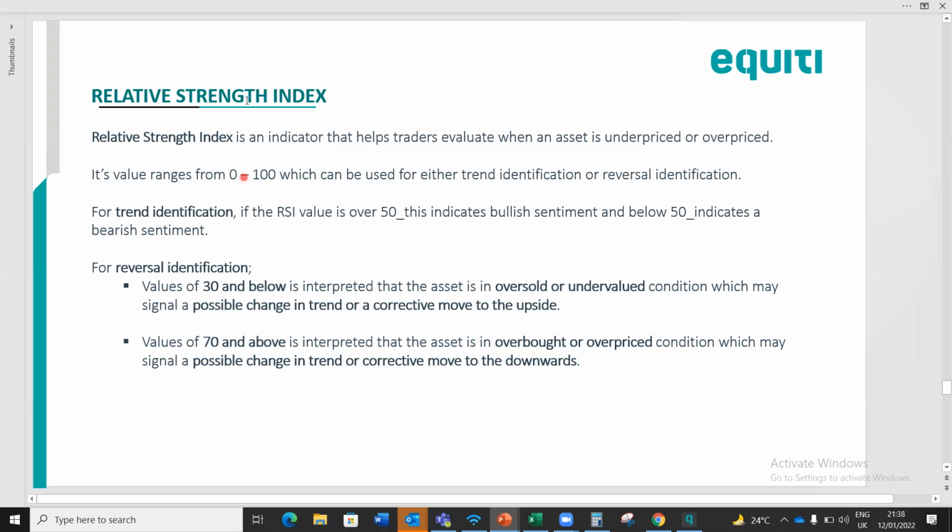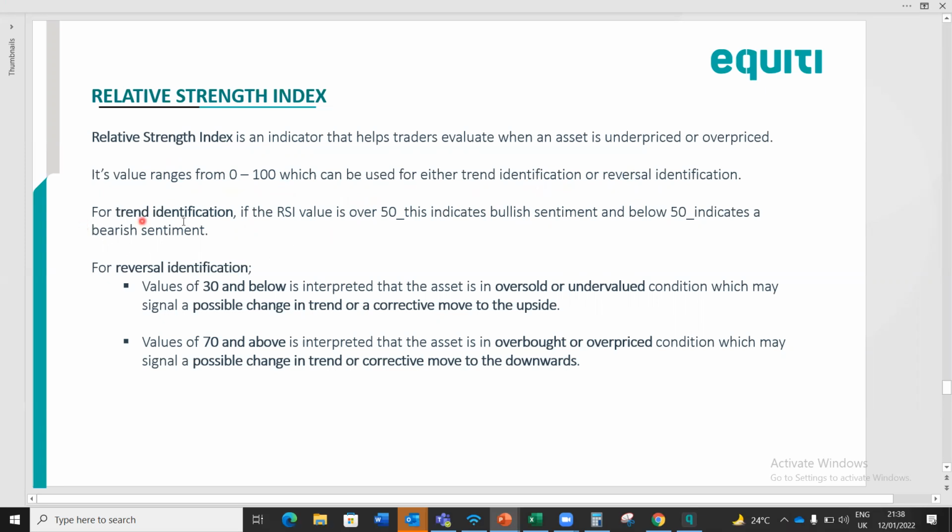The relative strength index has calibrations between 0 and 100, which is commonly used to identify trend reversals.